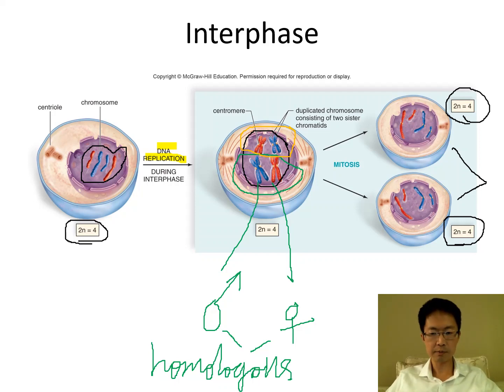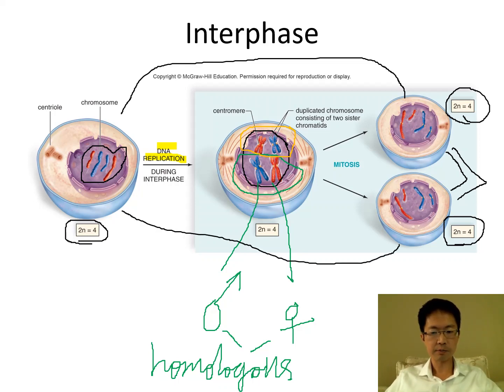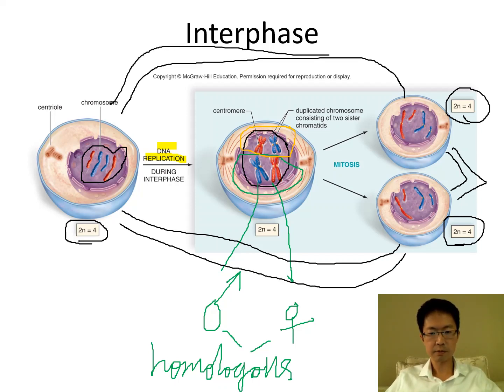These daughter cells are identical, okay? And each daughter cell is also identical with the mother cell. So that is one of the properties of mitosis.